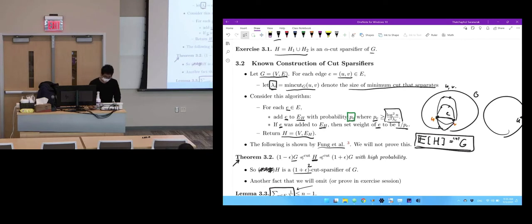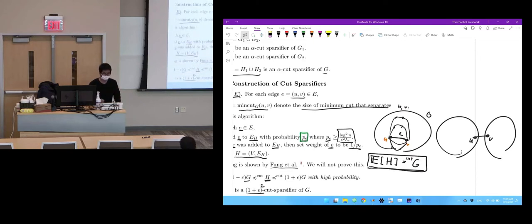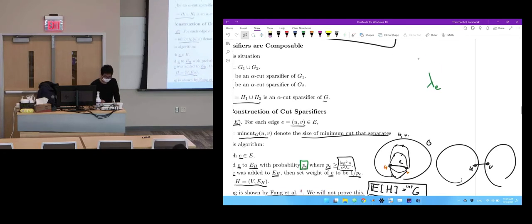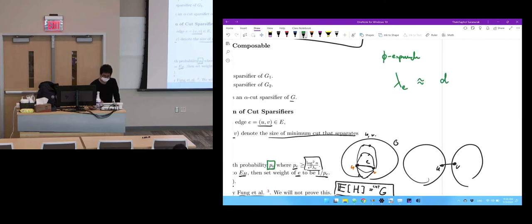So what we say is that if the graph is an expander, then you can approximate lambda_e very, very fast, right? This is like in homework 1, actually. If a graph is an expander, then for an edge e equals (u, v), lambda_e is going to be something, what?